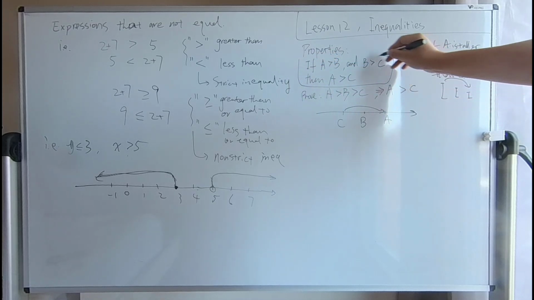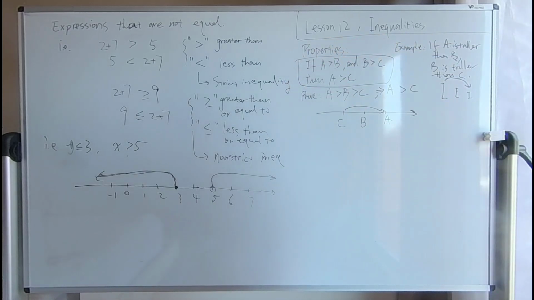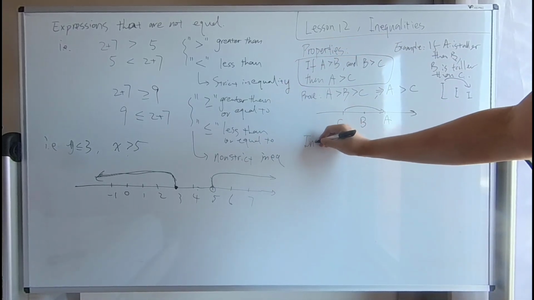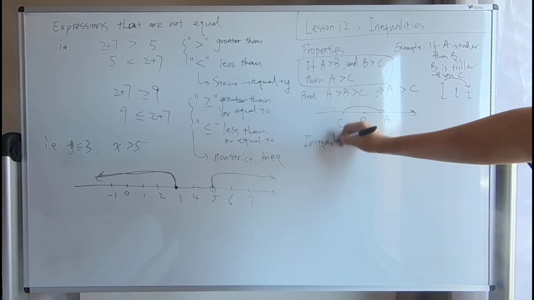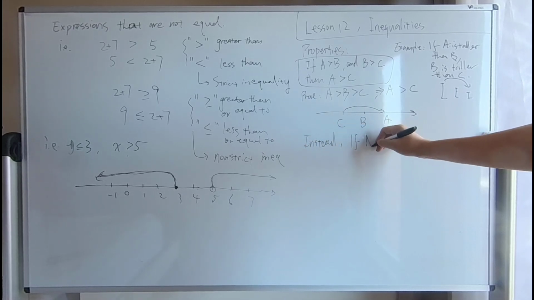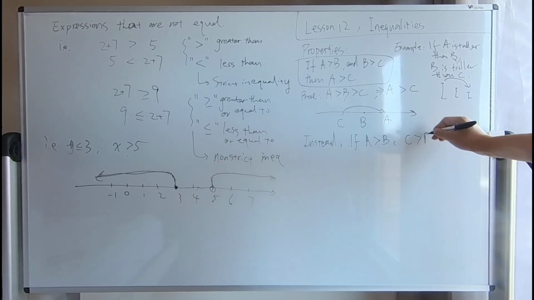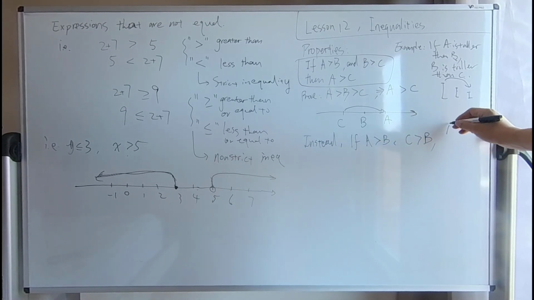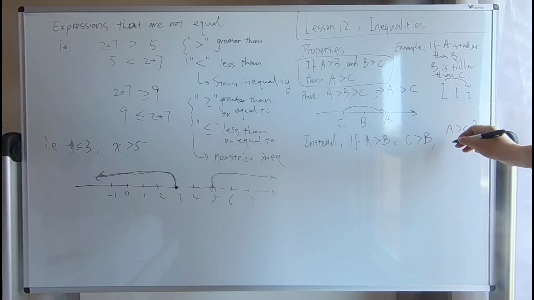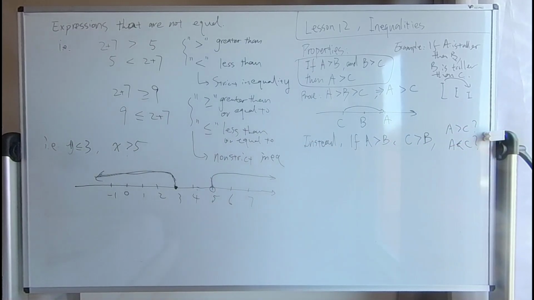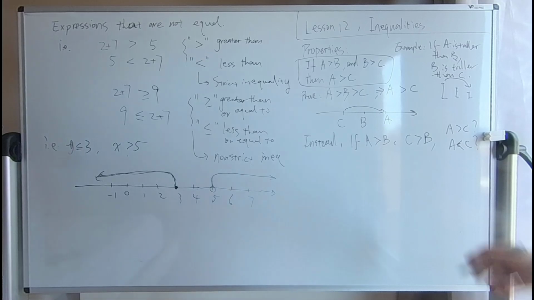But is it true that if we have A greater than B and C is also greater than B, then do I have A greater than C or A less than C? This time we cannot conclude anything from here.